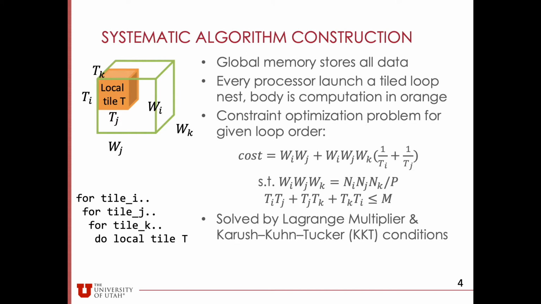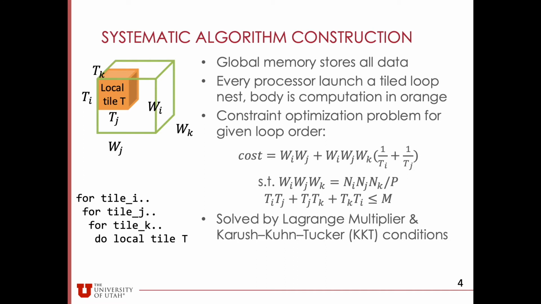On the left, we are using the loop schedule IJK as an example to present the tile size optimization problem we construct. The objective function will be the total communication volume.